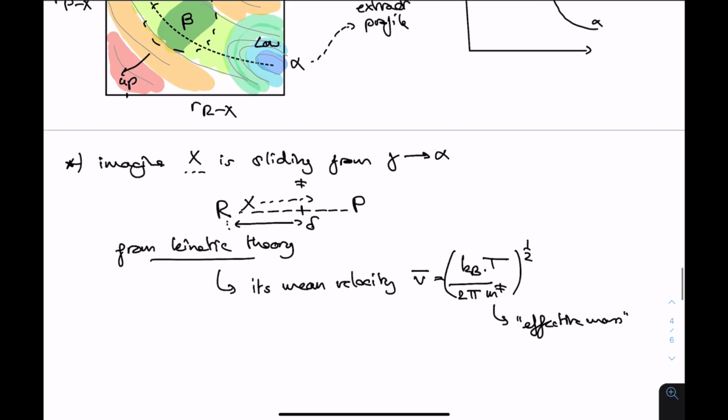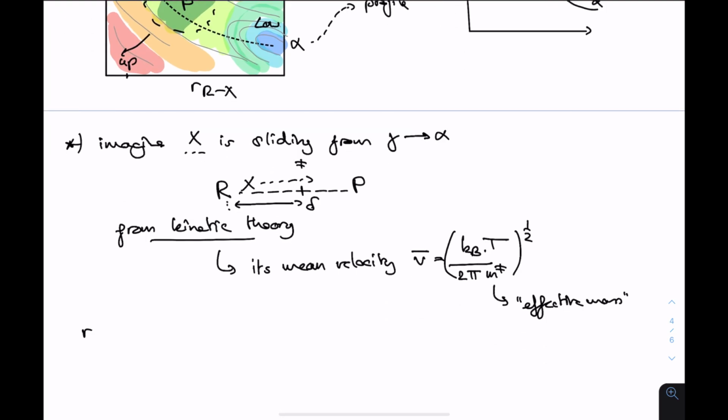Okay, so the rate of passing through the transition state is V average over delta.